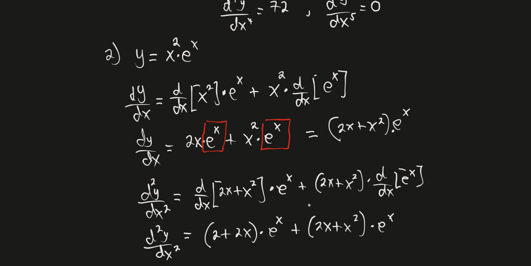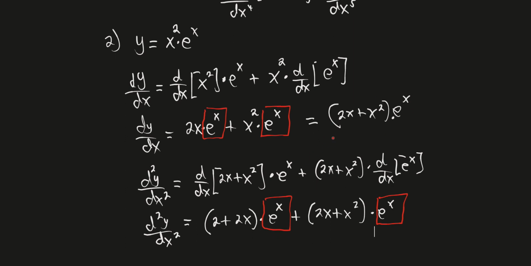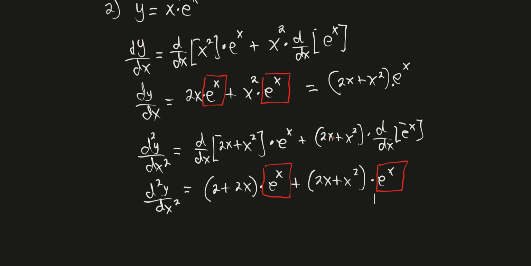So look, we have the same pattern, because of that nice property of e to the x, that e to the x is its own derivative. That's why we keep getting factors of e to the x in both terms. So it does mean that I can write my second derivative in the same form, where I have a quadratic times the exponential function. So let's write that down and then end this particular example.